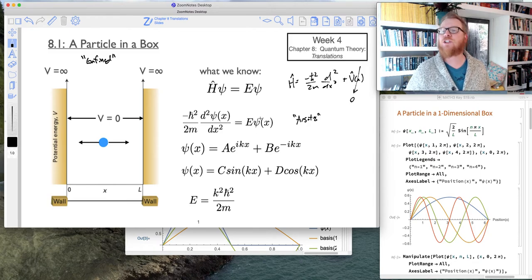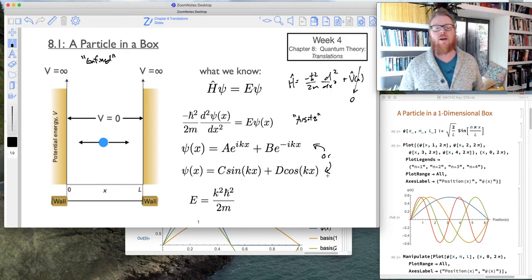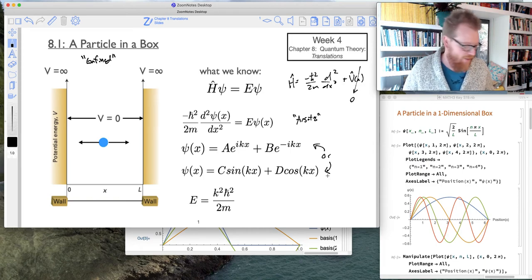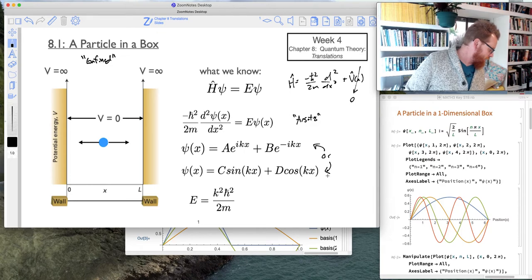Which means our general solution for the wave function can be written as A e to the ikx plus B e to the negative ikx, okay? Or, I'll say, either of these are correct because we know that we can convert sines and cosines into e to the ikx's and e to the negative ikx's, and vice versa, okay?